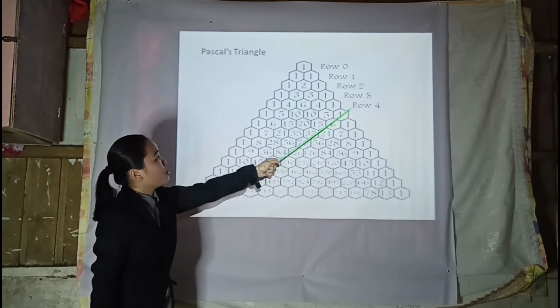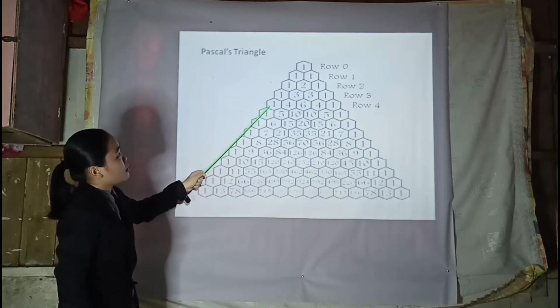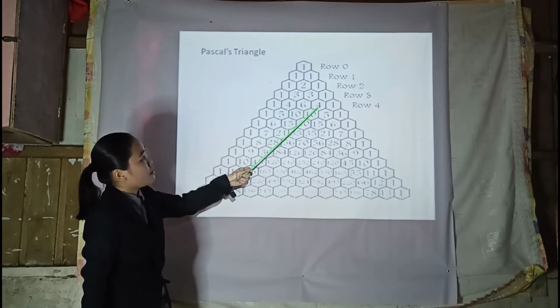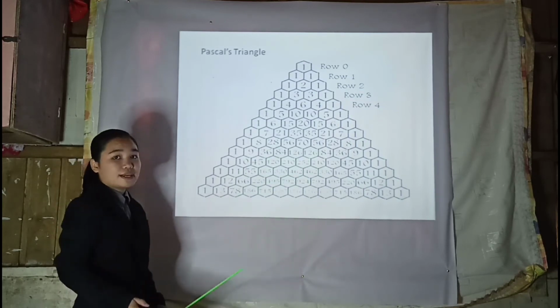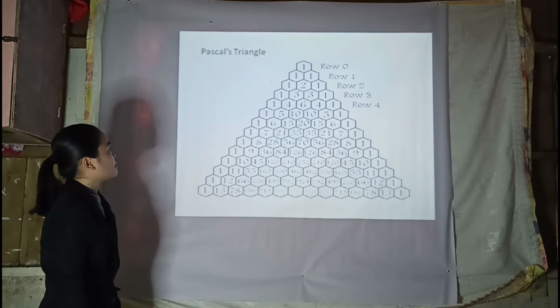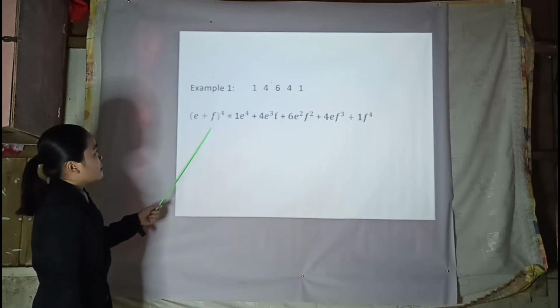In row 4, we have 5 terms, and the coefficients here are 1, 4, 6, 4, and 1, and so on. So, let's have an example using this Pascal's triangle. Okay, example 1.